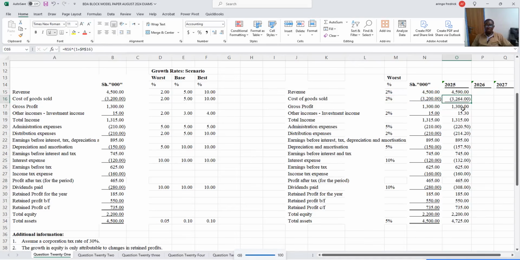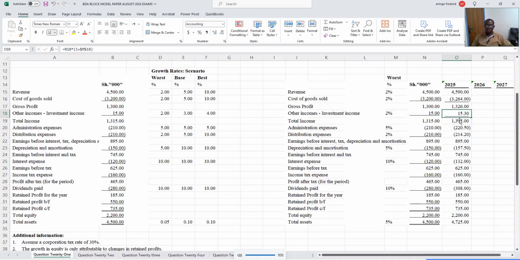I know very well that my gross profit will be revenue minus cost of goods sold. So this one is our revenue, I lock that part. Determining our total income, we sum our other income and gross profit.